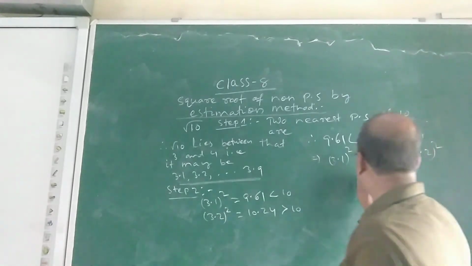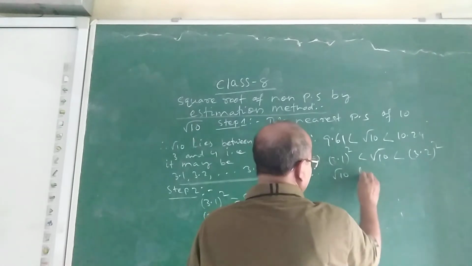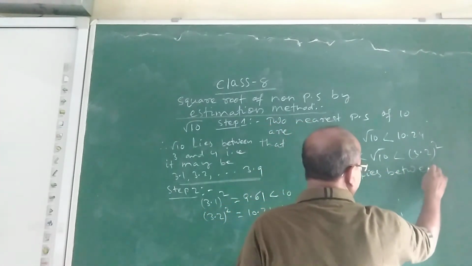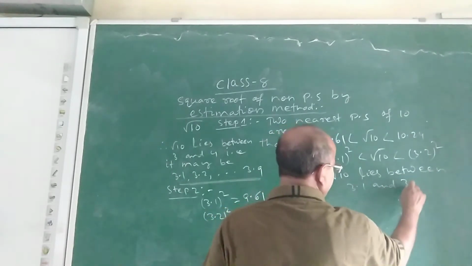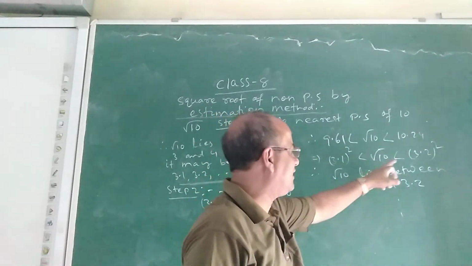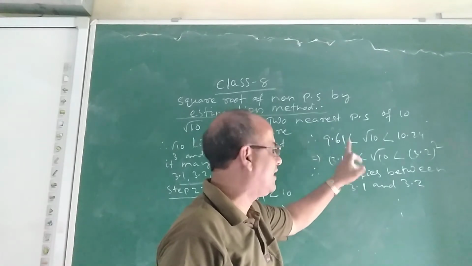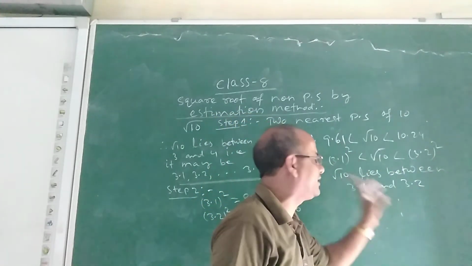This is a bit complicated process. Try to understand, children: 3.1 and 3.2. Now as the square root of 10 is less than 3.2 square and greater than 3.1 square, so definitely square root of 10 lies between 3.1 and 3.2.